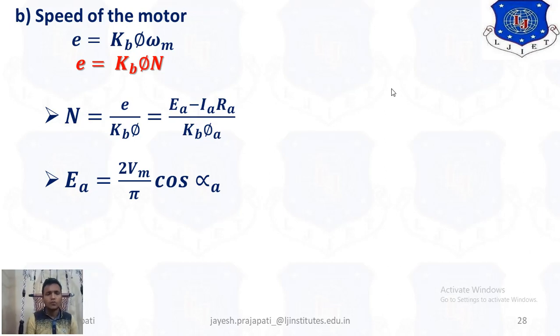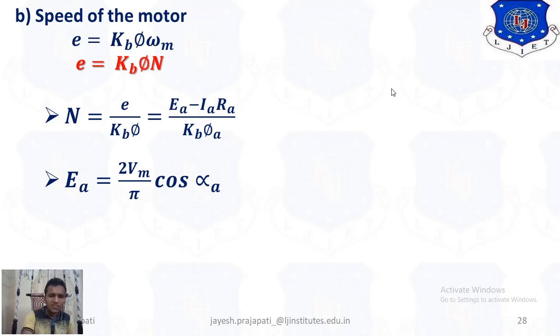Now EA is equal to, because that is a full converter, 2 Vm by pi cos alpha, that we have already studied in our power electronics also. For full converter, the output voltage equation is EA equal to 2 Vm by pi cos alpha.